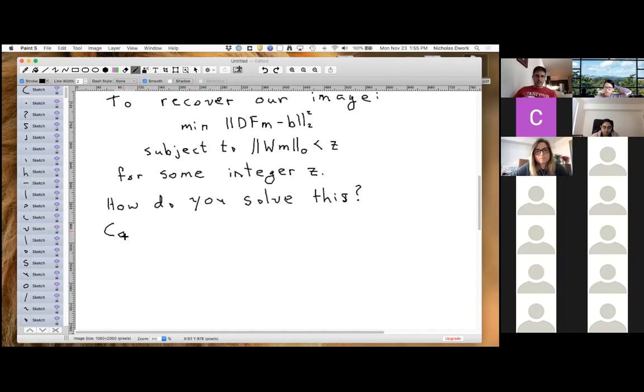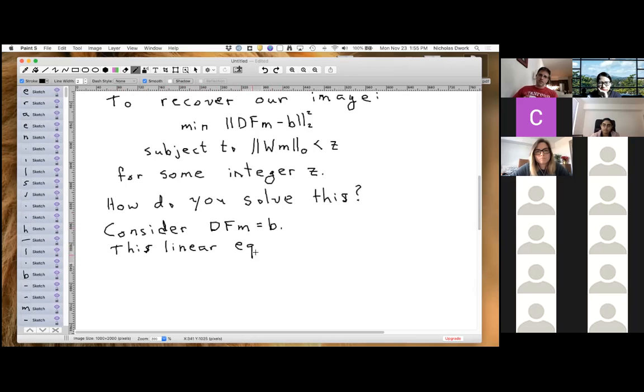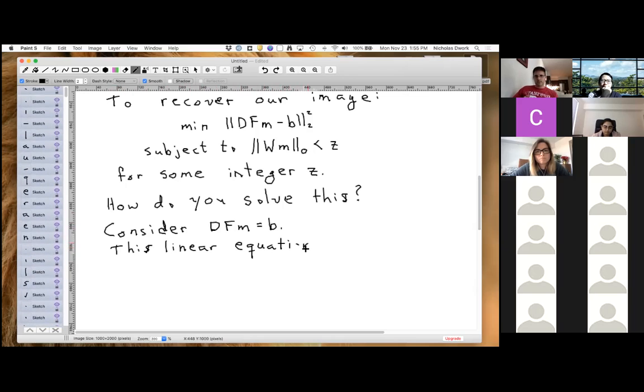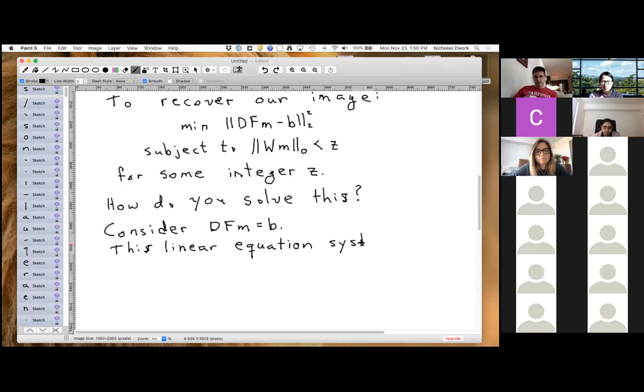So consider DFM equals B. This linear system, this system of linear equations, has more unknowns than equations.